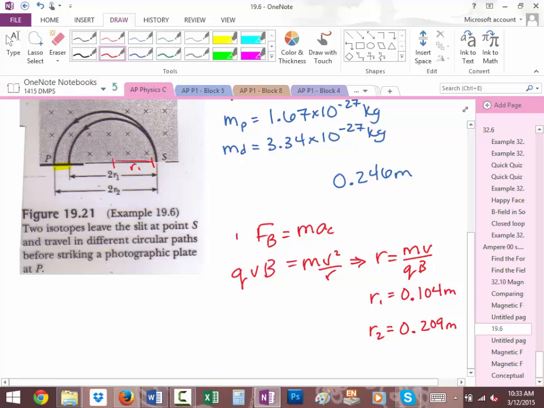So you need to find twice the difference between those, just the bigger one, so that distance is something like 0.210. Did you get it? Or is that okay?